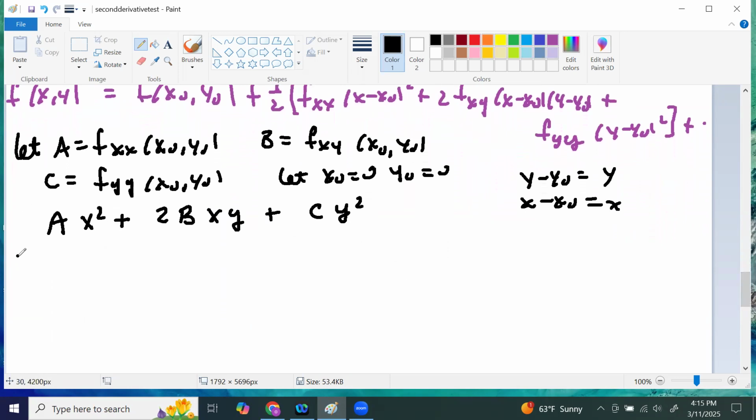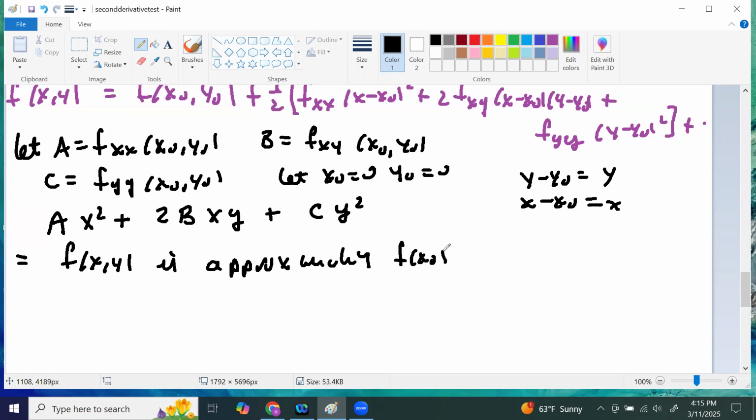Now, the very first thing I'm going to notice is that f of x y is approximately f of x naught, y naught, the constant, plus 1/2 times all this stuff here.